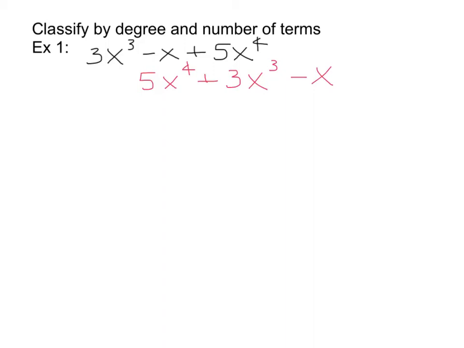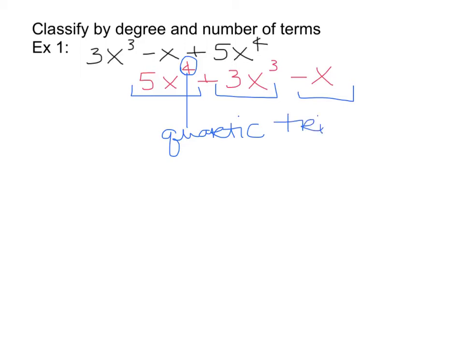What I mainly care about is my highest exponent. The highest exponent is a 4, and so when we classify it based on the degree, 4 represents the word quartic. Then the number of terms: there's the 5x to the fourth, 3x cubed, and then the minus x, so since there's 3 terms, this is considered a quartic trinomial.